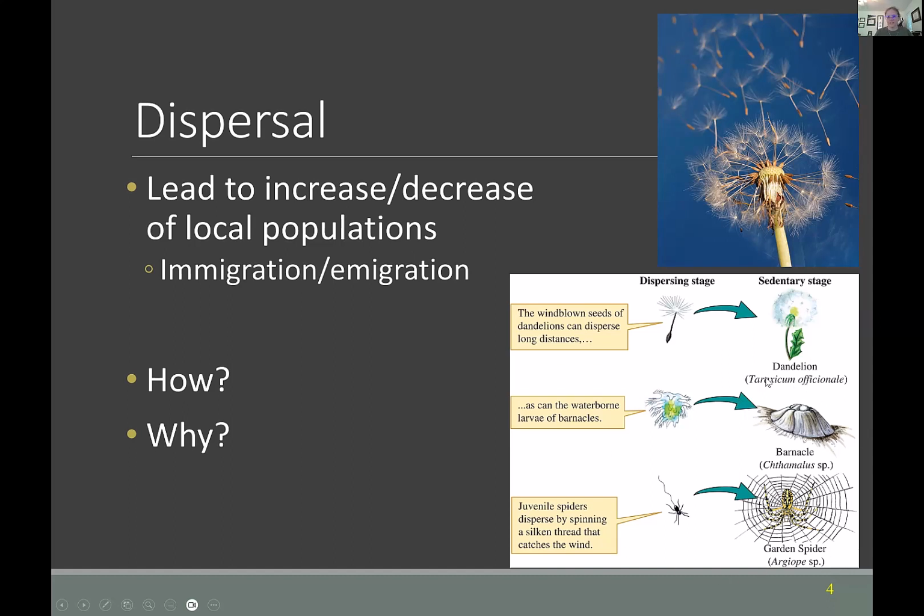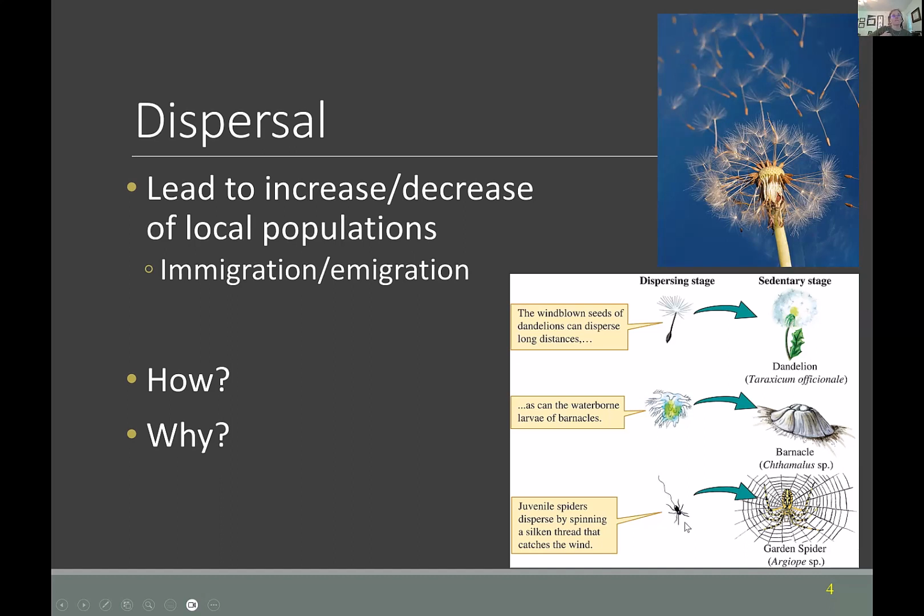But we see this with lots of individuals. So here we have a barnacle. And barnacles are usually attached to a substrate like a dock or a boat. But they give off little larvae that are planktonic and kind of float in the water column. Spiders, we've all seen them attached to the sides of things, but sometimes they're so small that they can let out a little bit of silk.